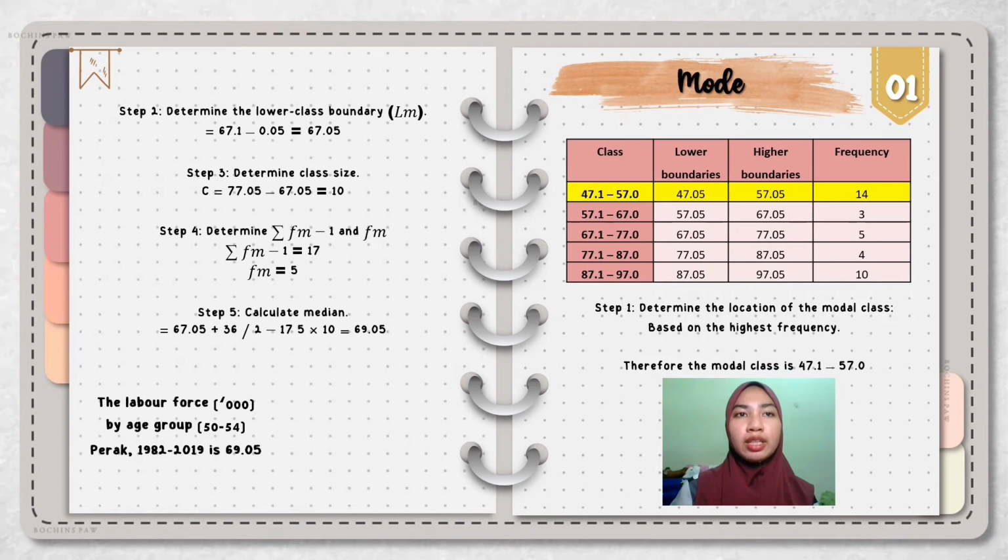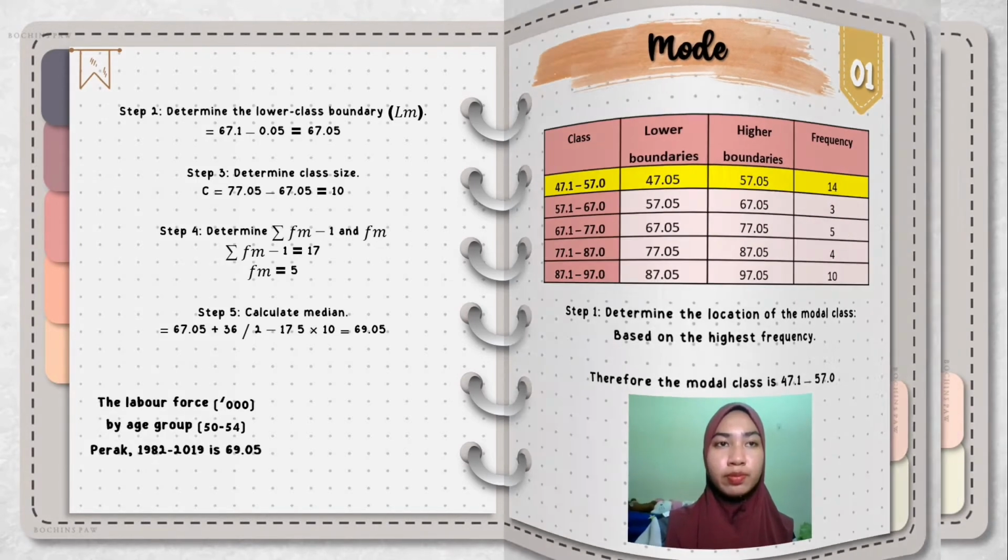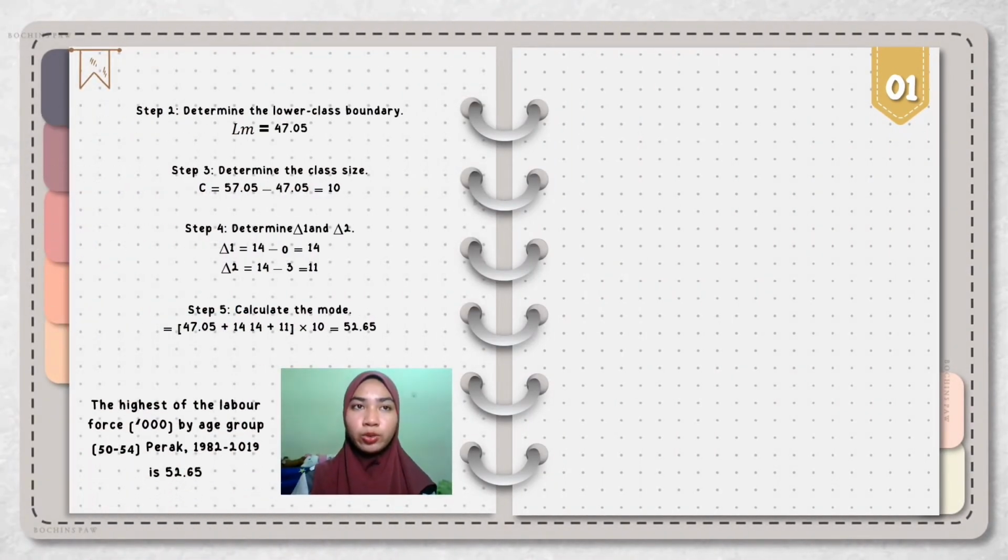The mode can be determined through the highest frequency. So, the highest frequency we got is 14, which is between 47.1 to 57.0. So, the mode of the labor force by age group 50 to 54 Perak from 1982 to 2019 we got 52.65.